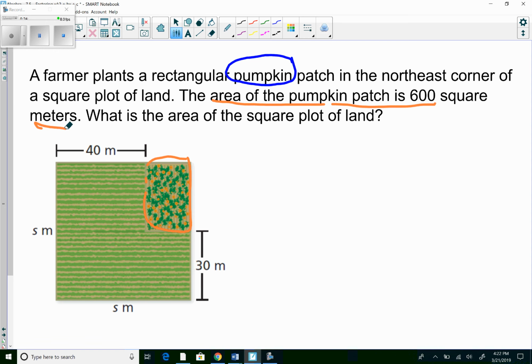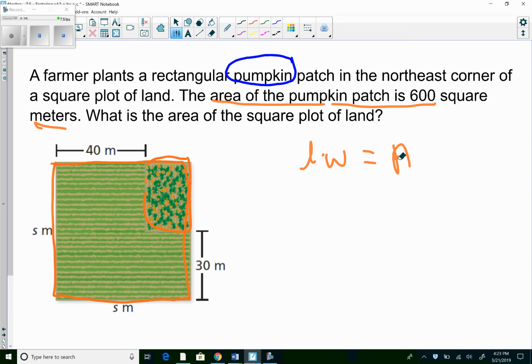What is the area of the square plot of land? Basically, they want you to find the area of the entire thing, so this whole big guy right here. Now, if we think about it, area is just length times width.